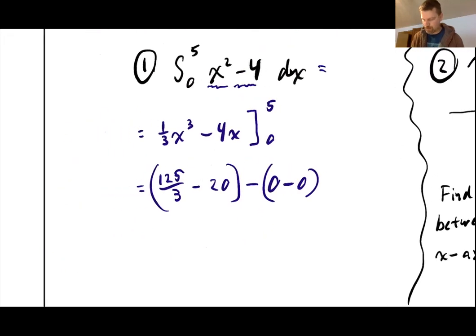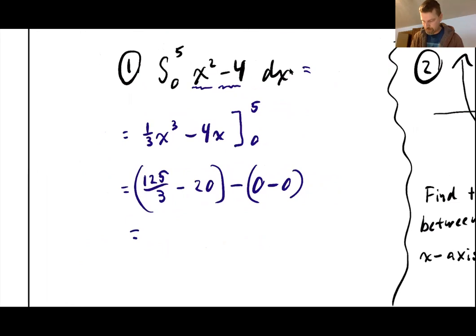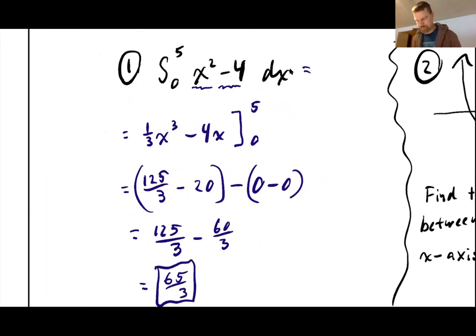So my final answer is 125 thirds minus 20, which is the same as 125 thirds minus 60 thirds. So I can actually combine them, 65 thirds. That is the integral from 0 to 5 of x squared minus 4.